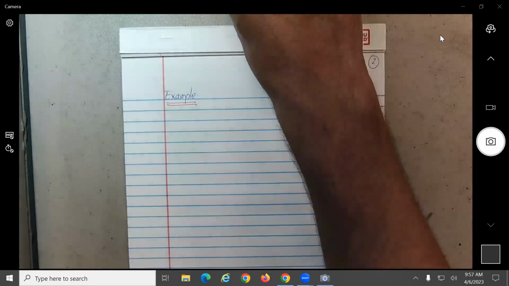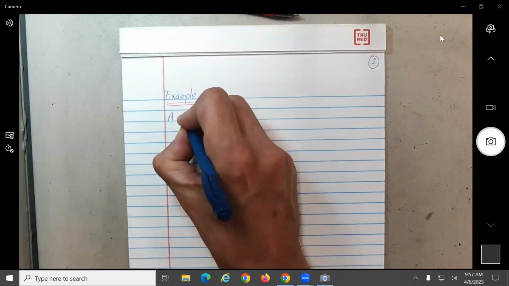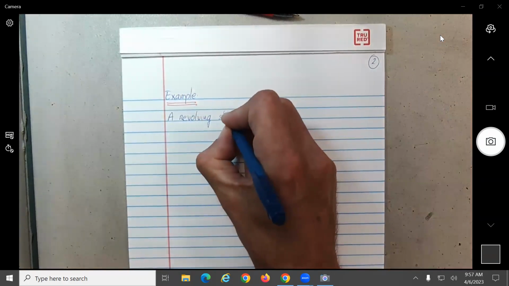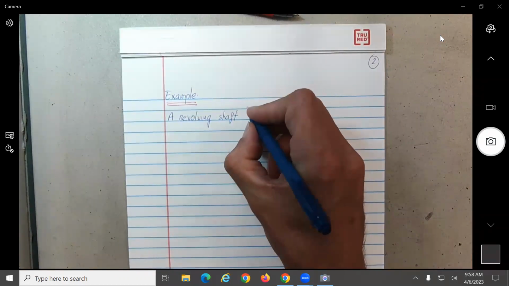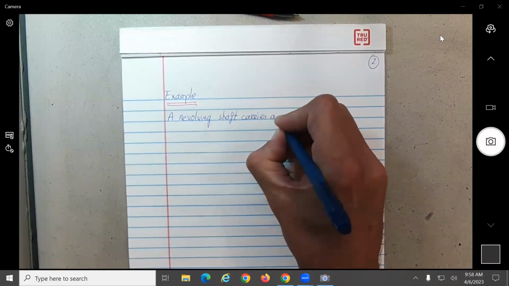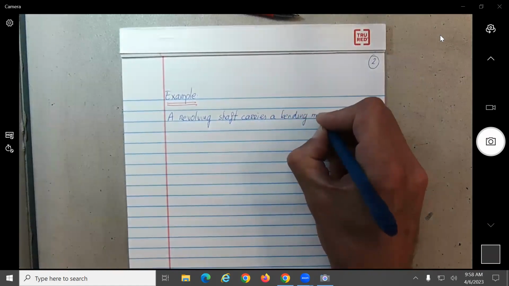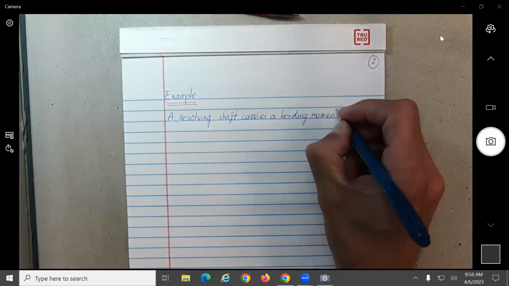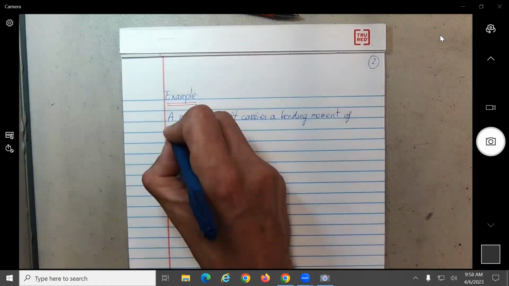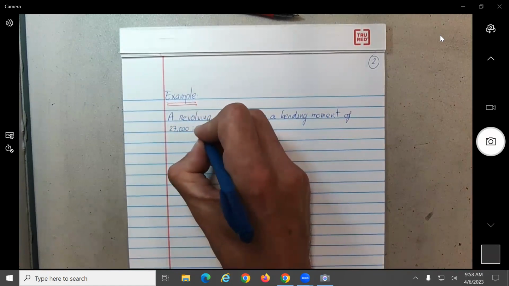So let me write it over here since we have time. So let's say a revolving shaft carries a bending moment of 20,000 inch per pound.